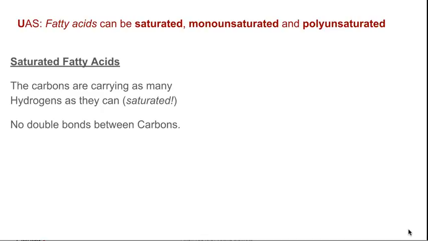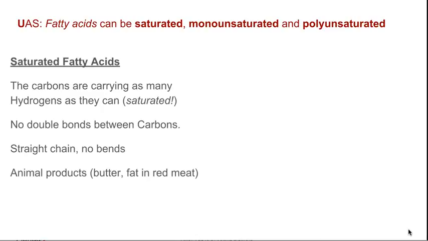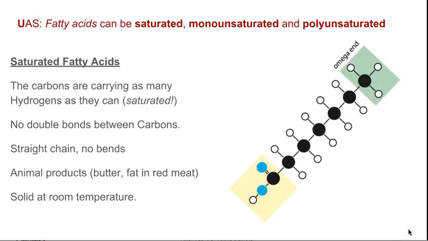This essentially means there are no double bonds between the carbons because every single bond is taken up by a hydrogen. It forms a straight chain with no bends or kinks. And it's usually found in animal products, for example in butter or the fat in red meat. And these are generally solid at room temperature.